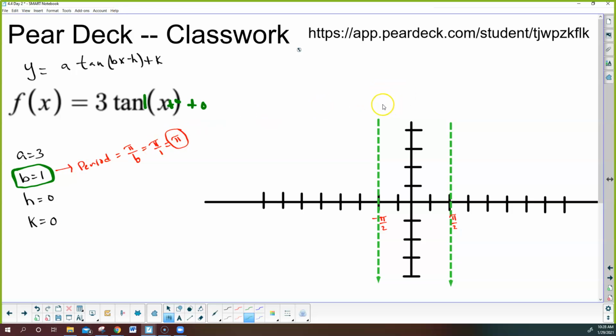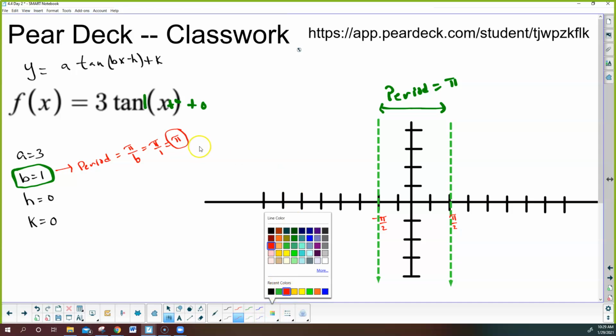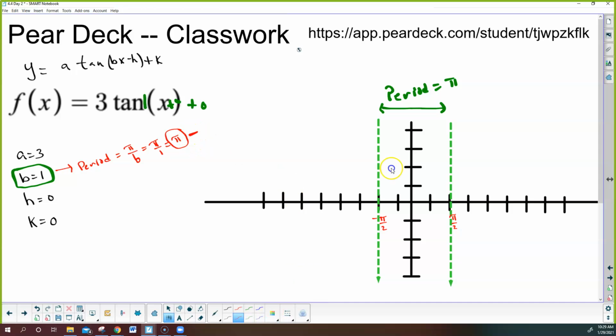Now, Ms. Dwyer in the video talked about that means the full length centered on the origin has to equal pi. She talked about counting boxes, and I think about it as just tick marks. But if you took pi and divided it in 2, pi divided by 2 tells me where the intervals are going to be.